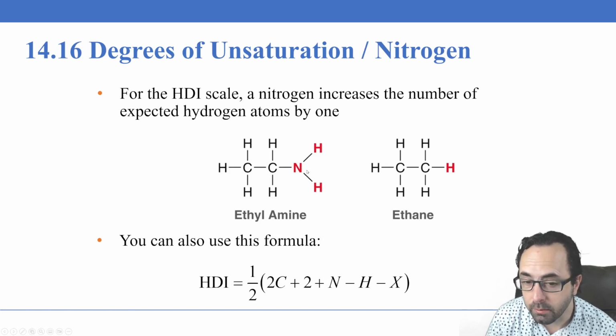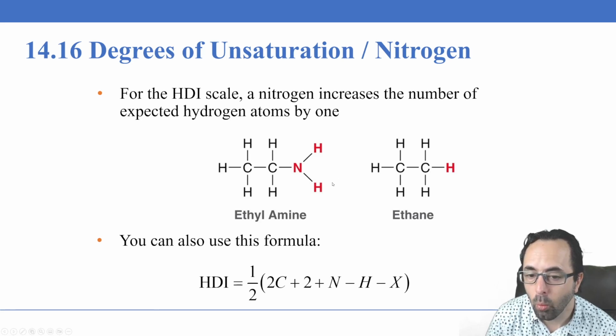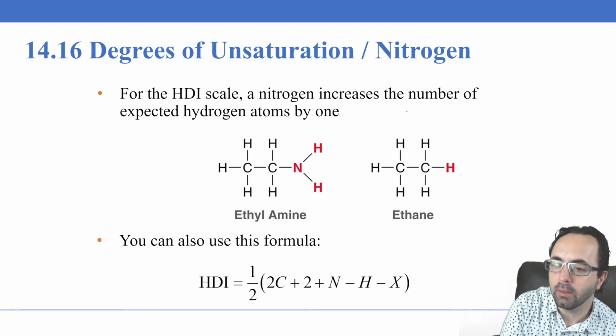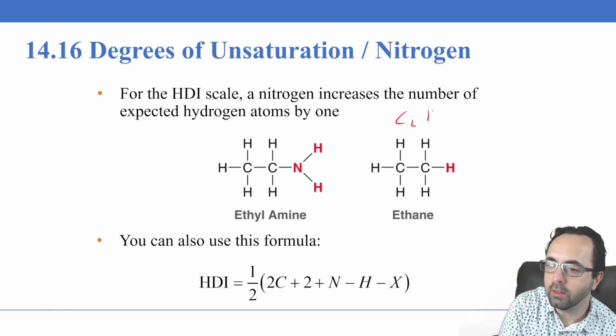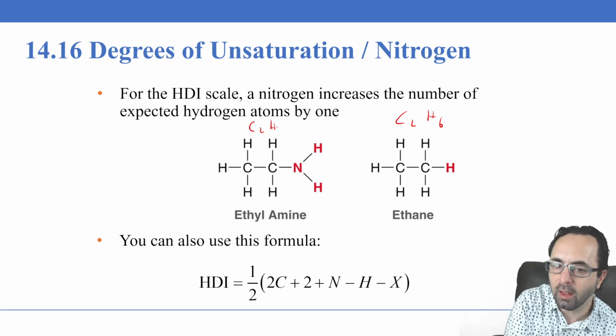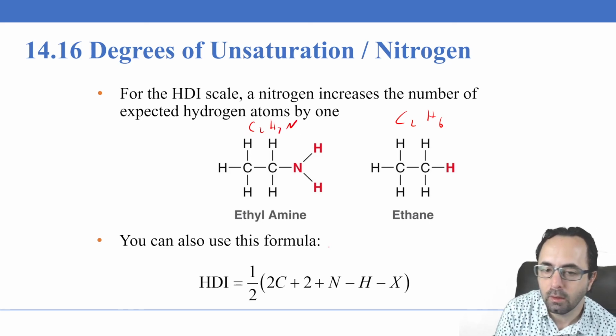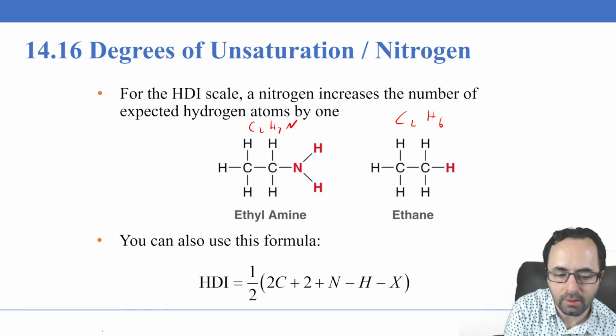For nitrogen, for every nitrogen you have, you're adding 1 extra hydrogen. Notice that if there were no nitrogen atom here, if there were just a hydrogen, we'd have C2H6, saturated. But here, this is C2H7N. So what I do in my mind is I just cancel a nitrogen and a hydrogen.